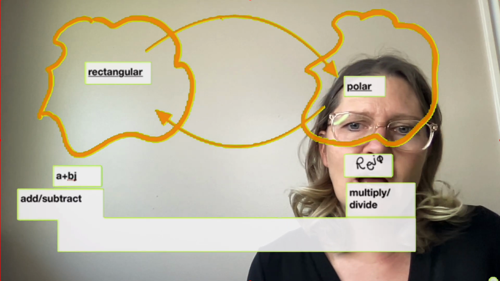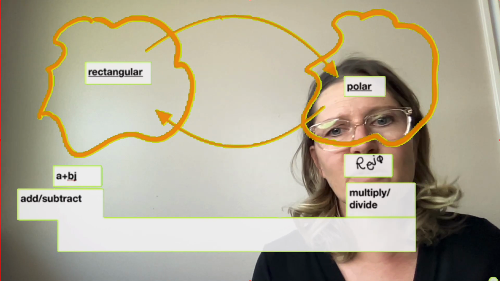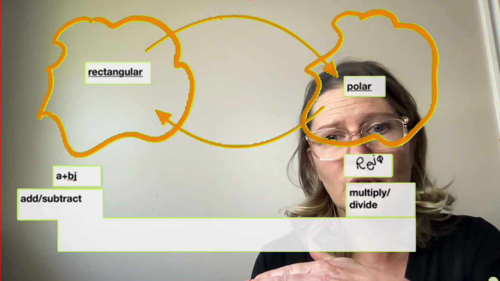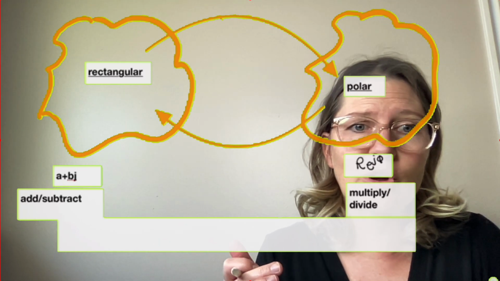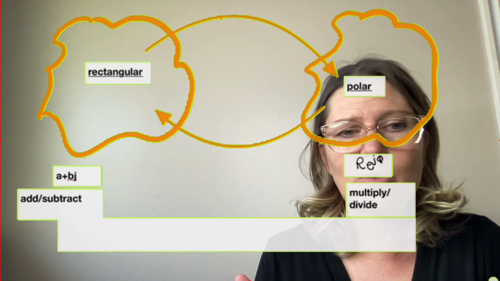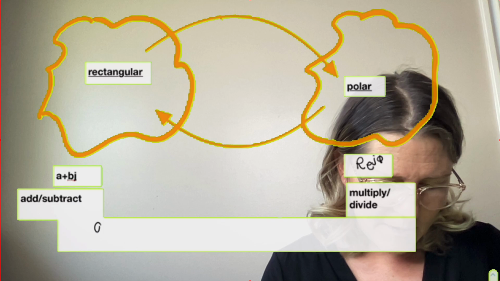So I wanted to go back to a concept that you guys are more familiar with, which is moving from rectangular coordinates to polar coordinates. And the reason why you would do that is to make it easier. So in rectangular form, you typically will add and subtract. And so that makes it very easy.